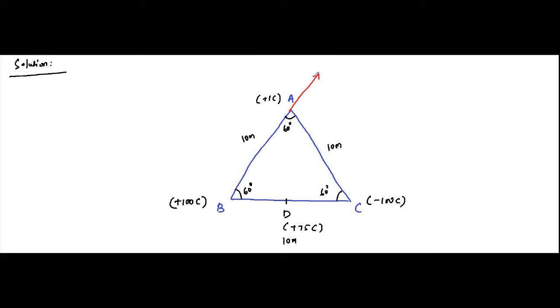Let's say it is F AB vector directed away because it is a repulsion type force, because the charges have same sign. Another force will be because of the interaction of charge A and charge D, 1 coulomb and plus 75 coulomb.